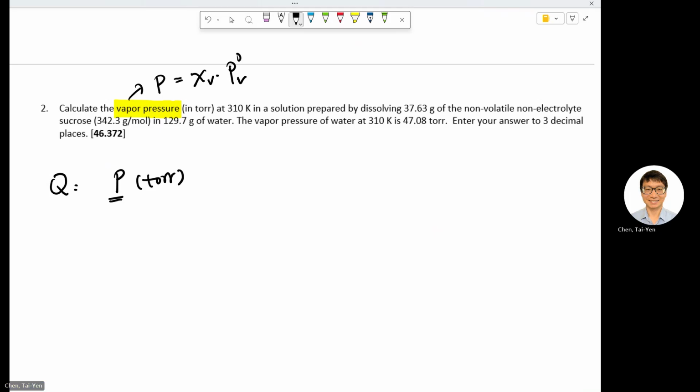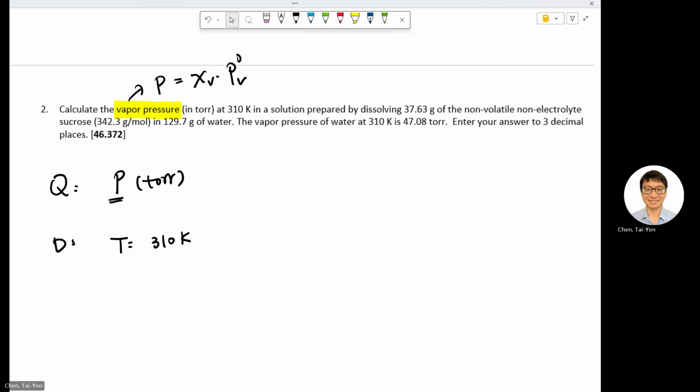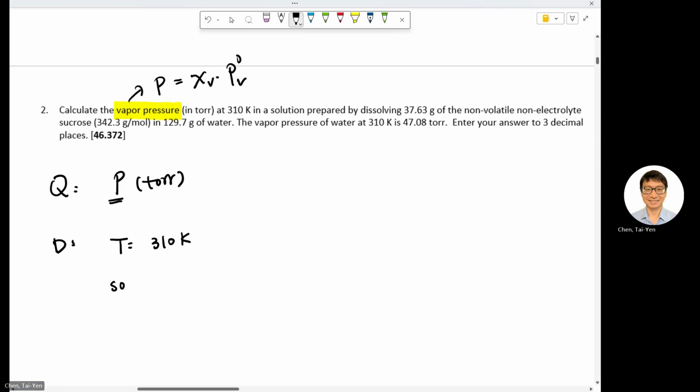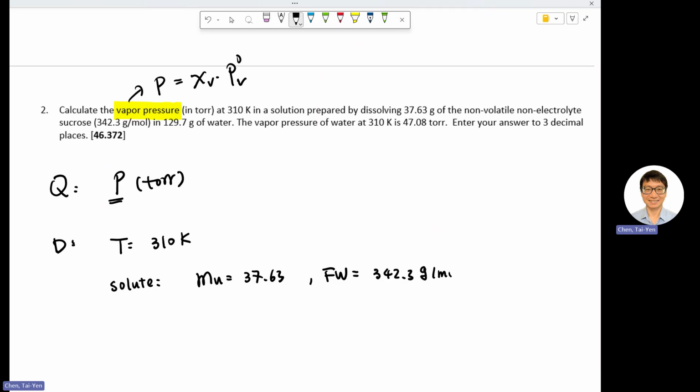Data: temperature is 310 K. Your solute is 37.63 grams, and the formula weight of that is 342.3 grams per mole.